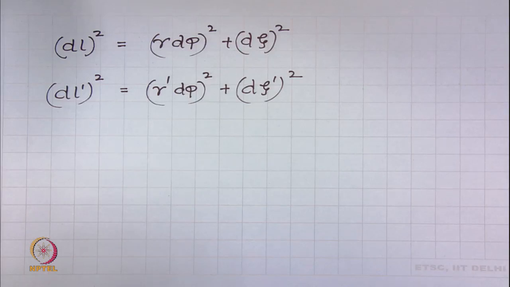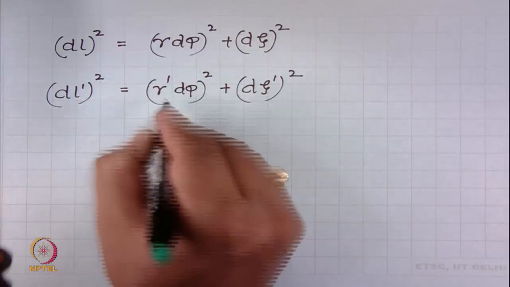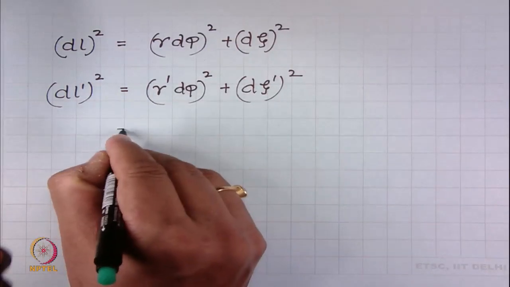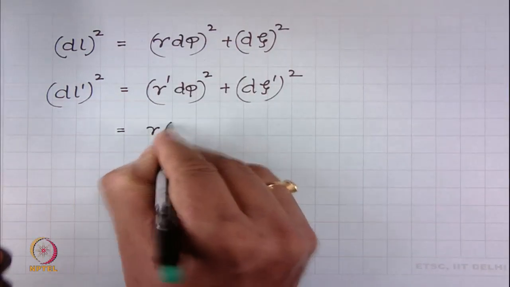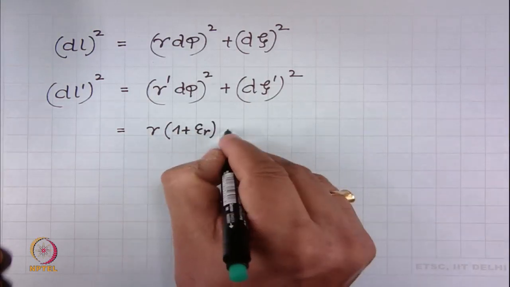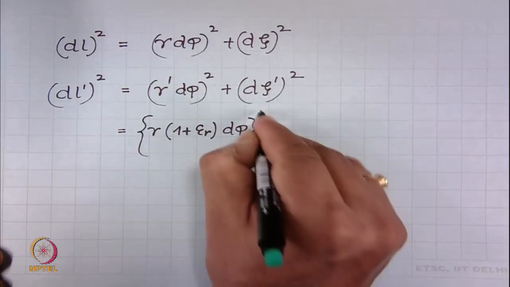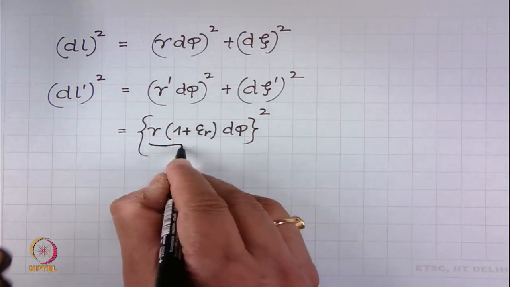Now, we use our 4 basic relations. r prime was equal to r times 1 plus epsilon r, so r prime d phi square.